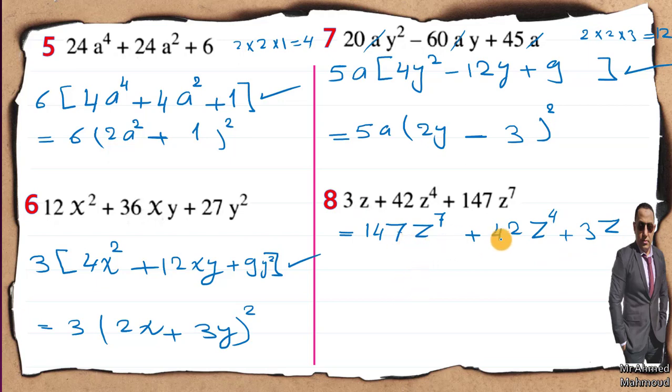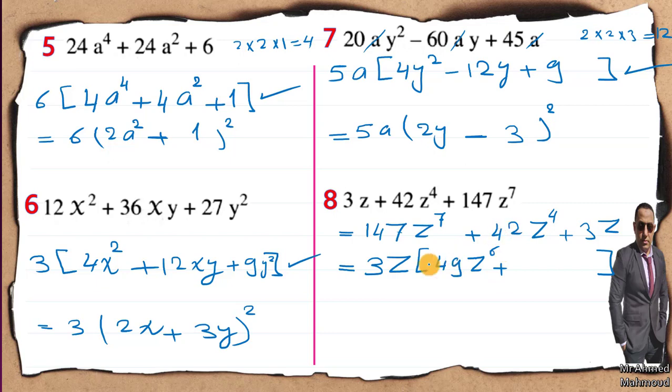Okay, here 3, 42 and 147, they're in the 3 table because all of them are divisible by 3. z to the power of 7, z to the power 4, z to the power 1. I'm going to take z to the power 1 as a common factor. 147 divided by 3 equals 49. z to the power of 7 over z equals z to the power of 6, because 7 minus 1 equals 6.